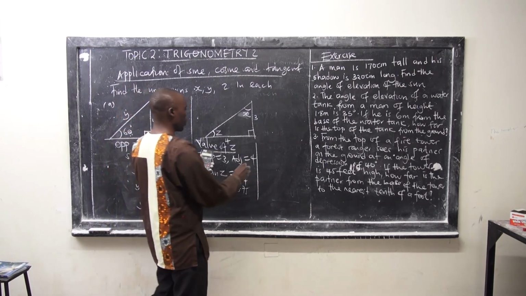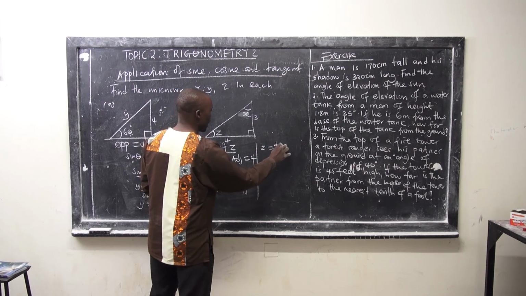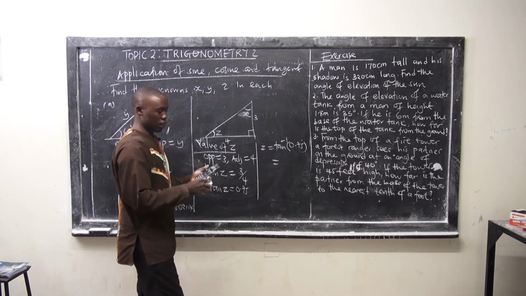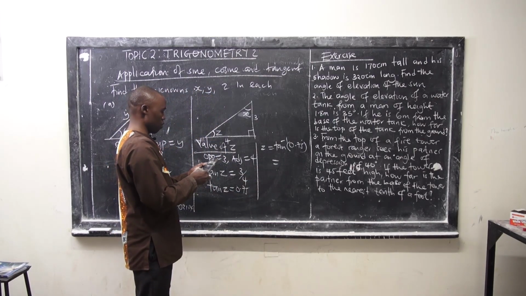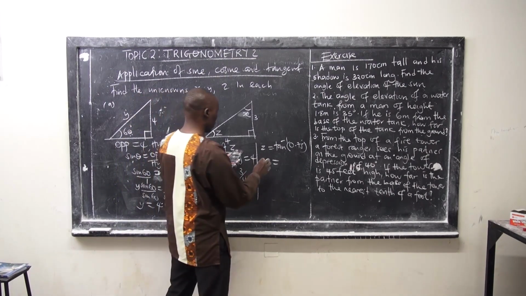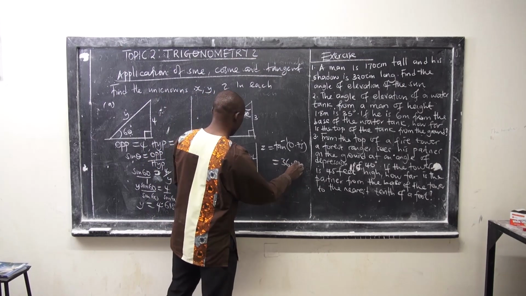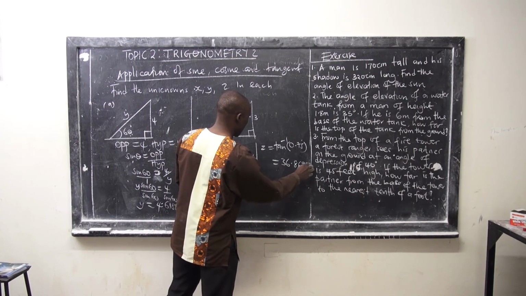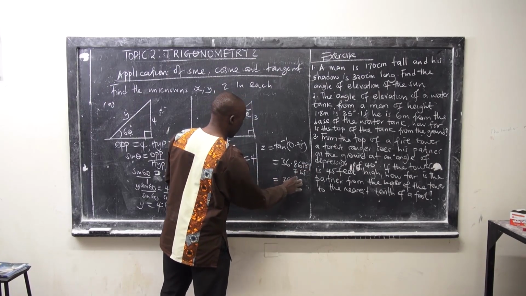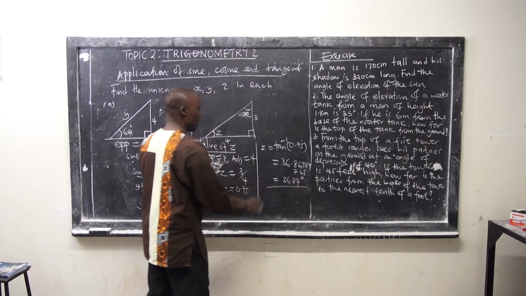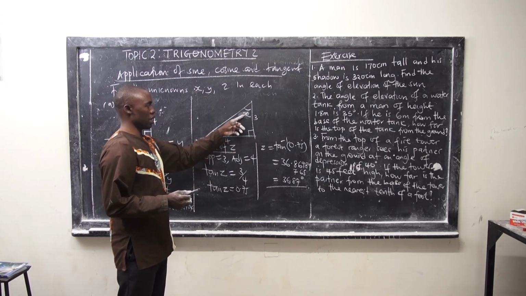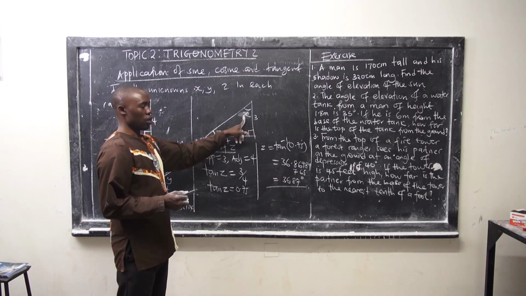So solving for z will be the tan inverse of 0.75, which is actually 36.86989765. You can round off to something like 36.87 degrees.